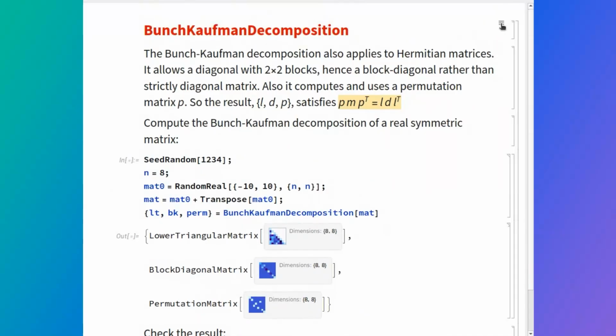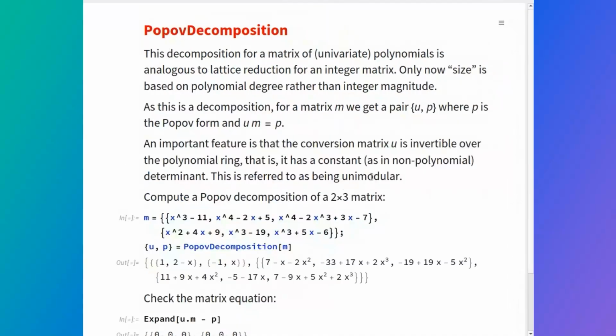Okay, on to the next. Popov decomposition. This is like the polynomial Smith and Hermite decompositions. It lives in the world of the Euclidean ring of univariate polynomials, and so it is the analog in that polynomial domain of lattice reduction.